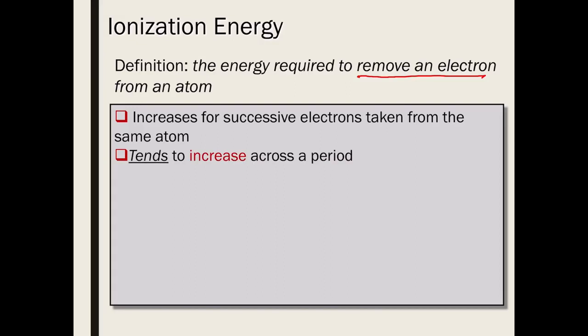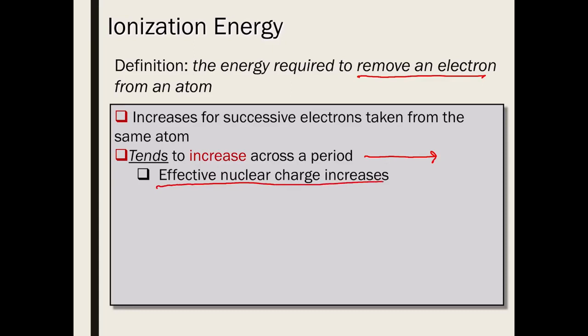So the ionization energy tends to increase going across a period. As we go from left to right on the periodic table, we are getting higher and higher energy. The reason for this is that the effective nuclear charge increases.